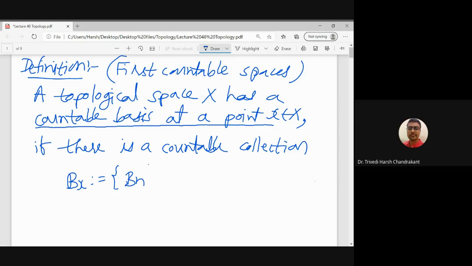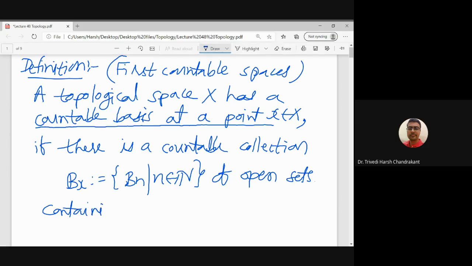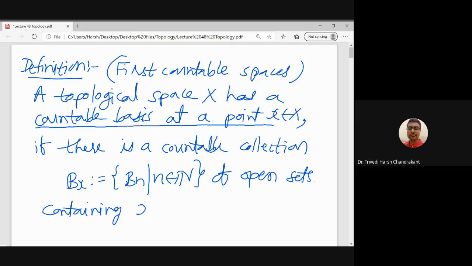So this is a countable set, so it can be written as the sets depending on natural numbers: B1, B2, Bn and so on, of open sets containing x. Each of these sets contains the point x, so it is called the basis at a point x. So basically we are discussing this property at a particular point x.